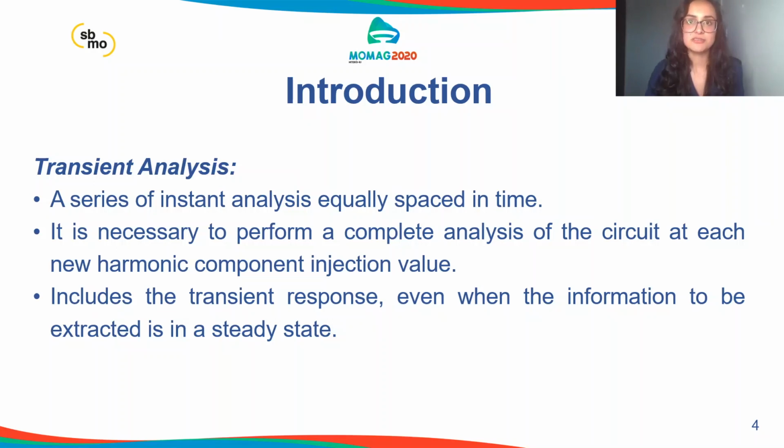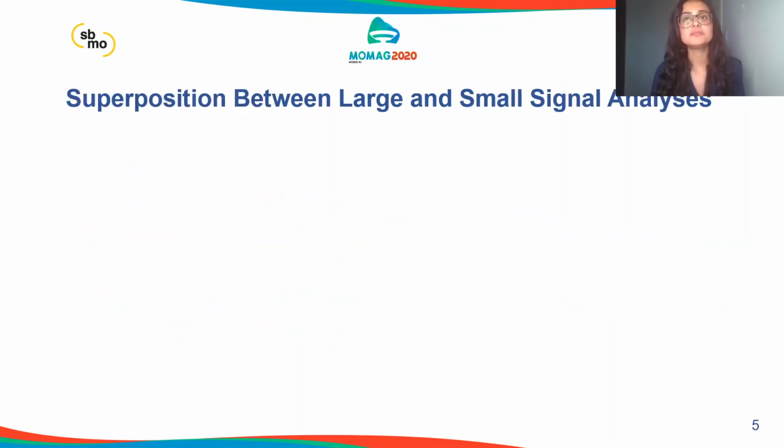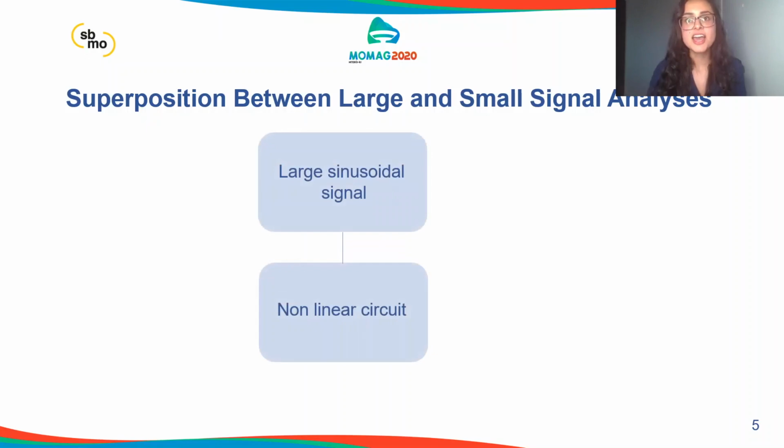computationally expensive. The superposition between large and small signal analysis involves the simulation of the complete nonlinear circuit initially considering only the large amplitude source. This first step is carried out through a periodic steady-state analysis.